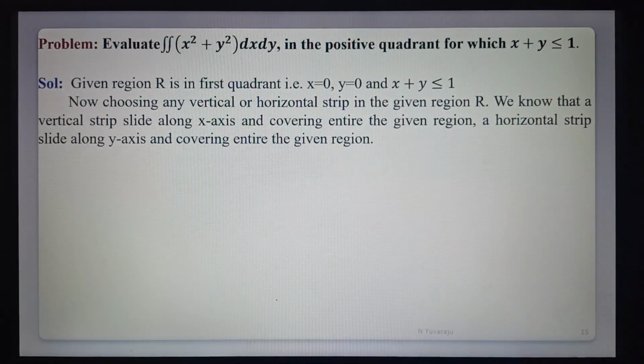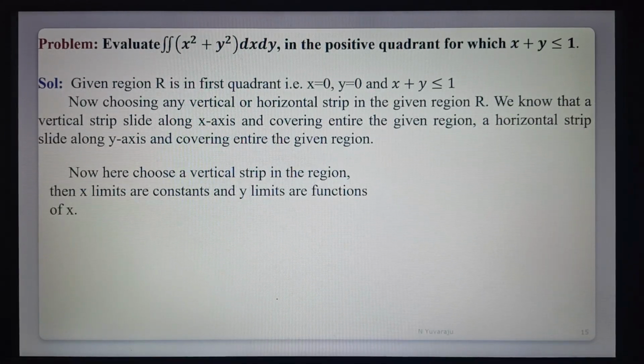Here we choose a vertical strip in the region, so the x limits are constants and the y limits are functions of x.